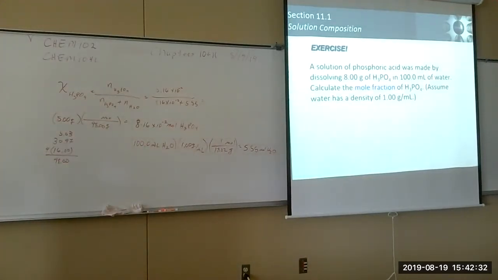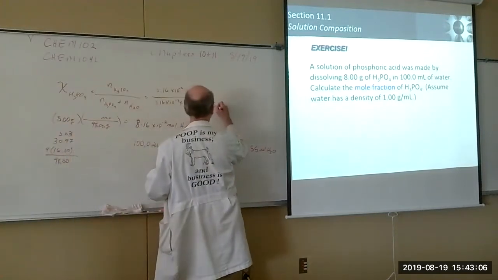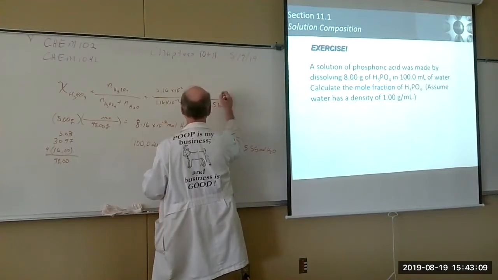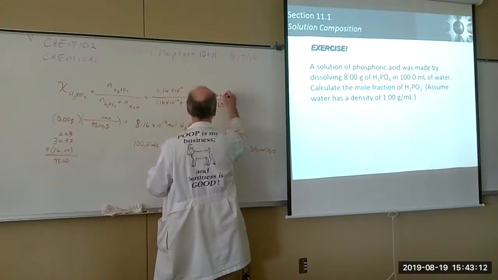So 5.55, and then 8.16, plus, it has some value. Let me try that again. I don't like the way that one turned out. Okay, that's 5.63 divided into 8.16 times 10 to the minus 2.